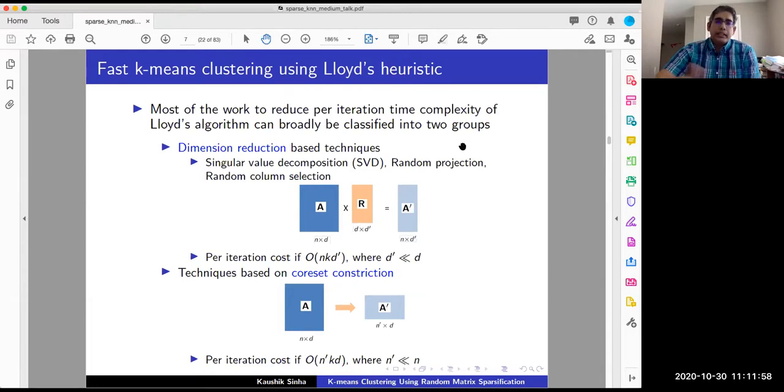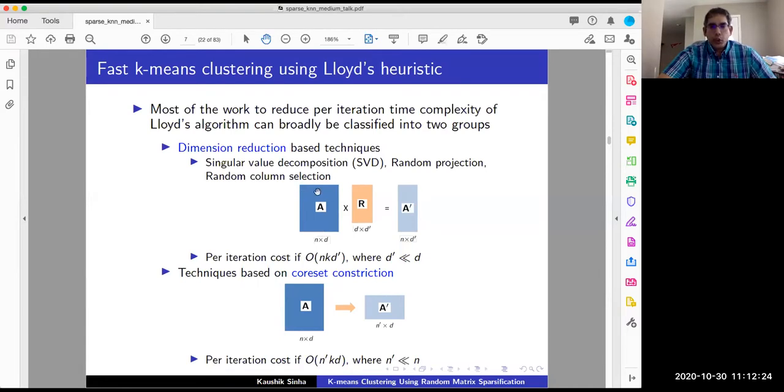Many of these works have provable guarantees, and they typically can be classified into two different groups. One type of work tries to do dimension reduction based techniques. Techniques that come under this approach include singular value decomposition, random projection, or random column subset selection, and so on. Here the idea is that this is our original data matrix, n times d.